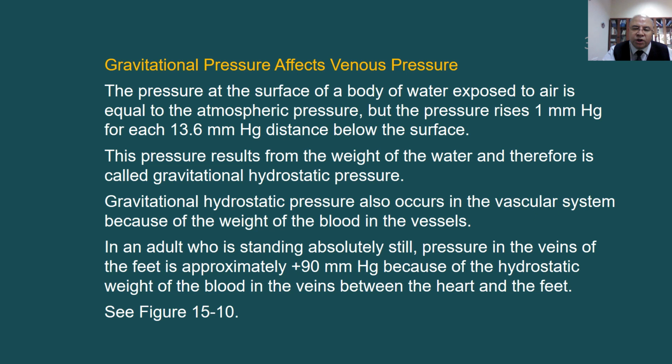Gravitational hydrostatic pressure also occurs in the vascular system because of the weight of the blood in the vessels. In an adult who is standing absolutely still, pressure in the veins of the feet is approximately 90 mm mercury because of the hydrostatic weight of the blood in the veins between the heart and the feet.